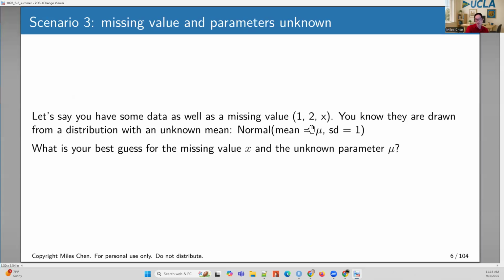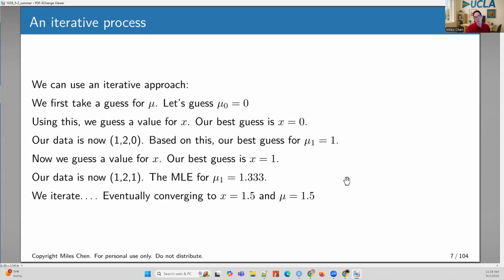It has an unknown mean mu and standard deviation 1. What is our best guess for what x should be, and what is our best guess for what mu should be? Now it's a little bit trickier, and this is where we can use the EM algorithm.